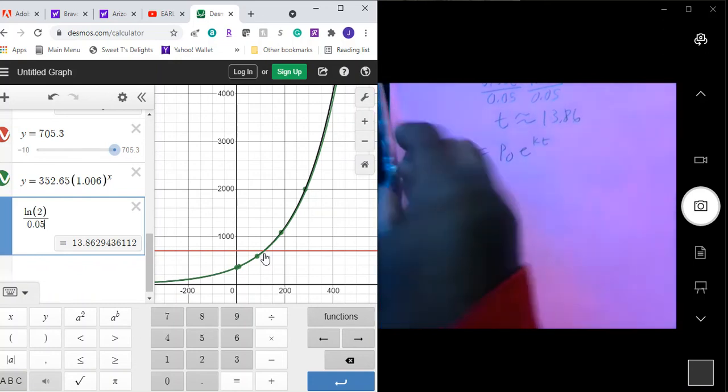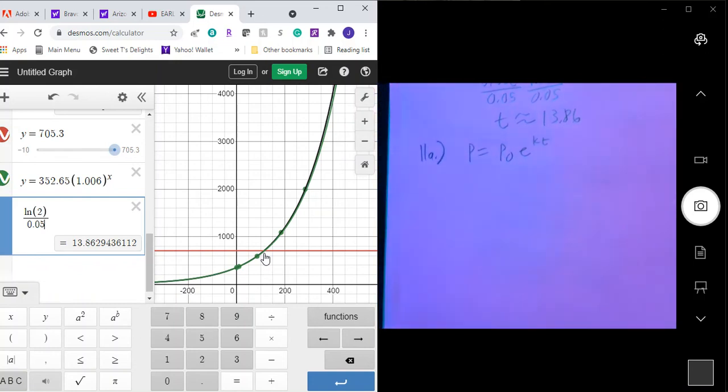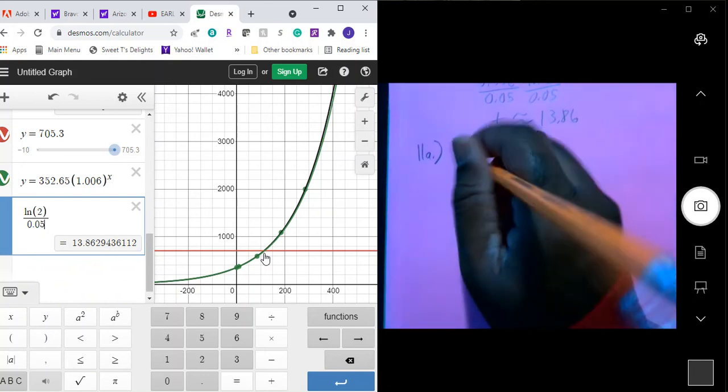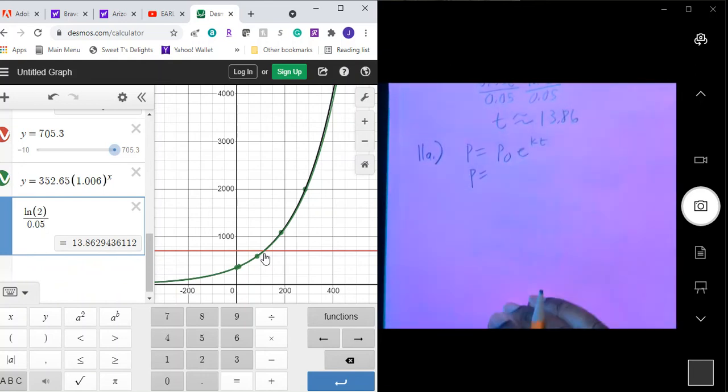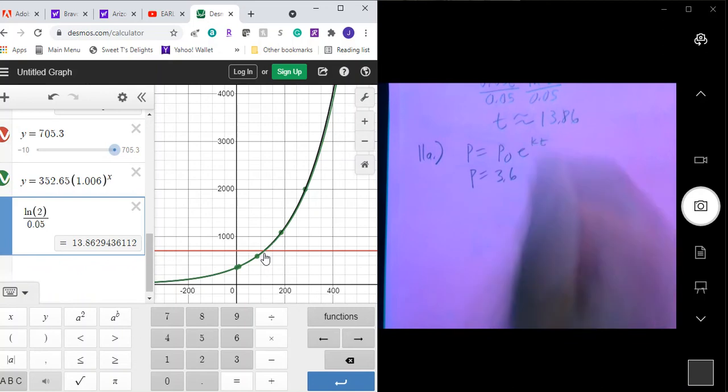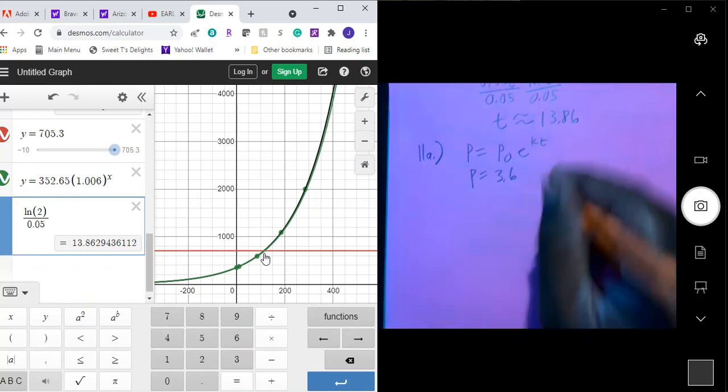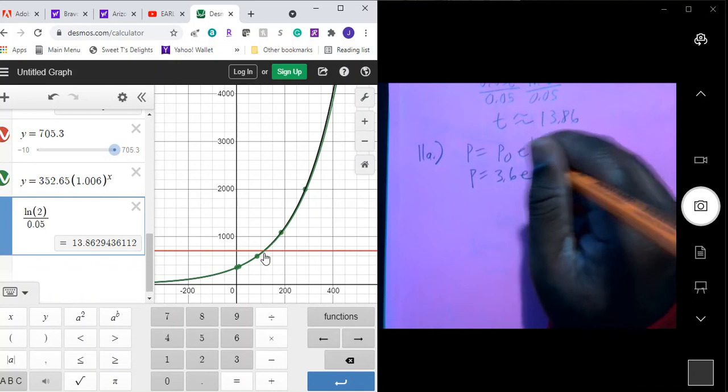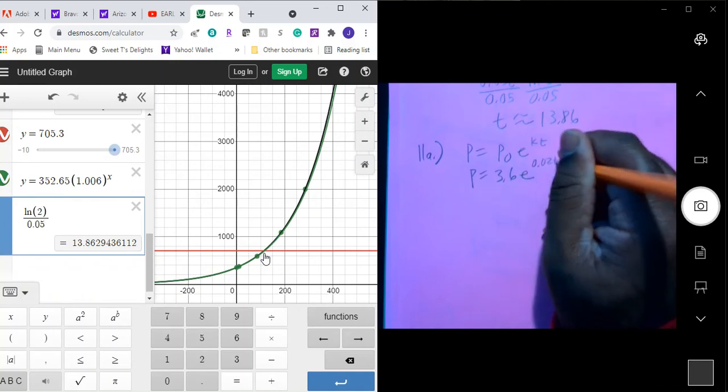It tells us here where P is the population in billions, P naught is 3.6, k is 0.02, and t is the number of years since 1969. So let's do this. Let's substitute in for the P naught, which is 3.6, and then also the k, which is 0.02.